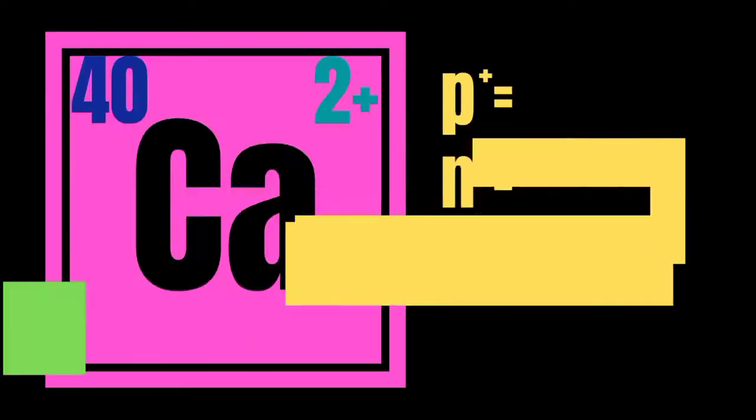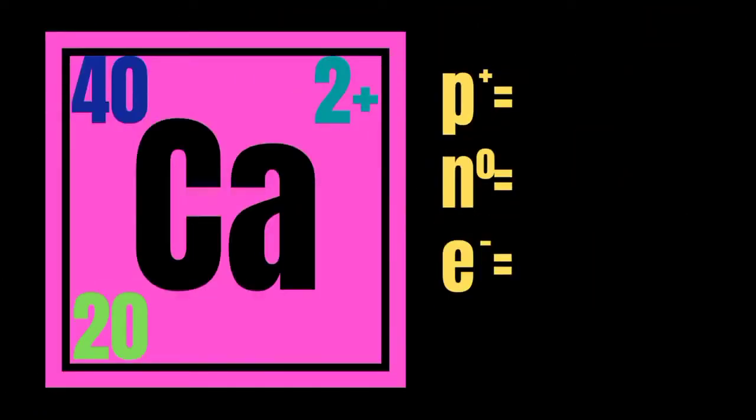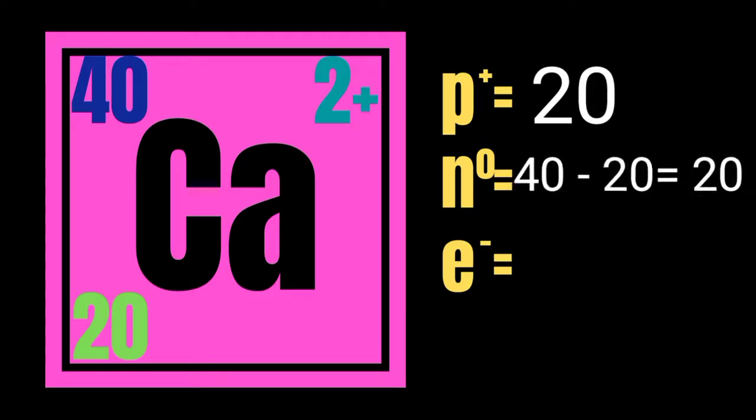Let's have an example. Calcium ion. The atomic number is 20 and the mass number is 40. Since the atomic number is the same as the number of protons, the protons are also 20. How about the neutrons? To get the number of neutrons, subtract the atomic number from the mass number. 40 minus 20 equals 20.